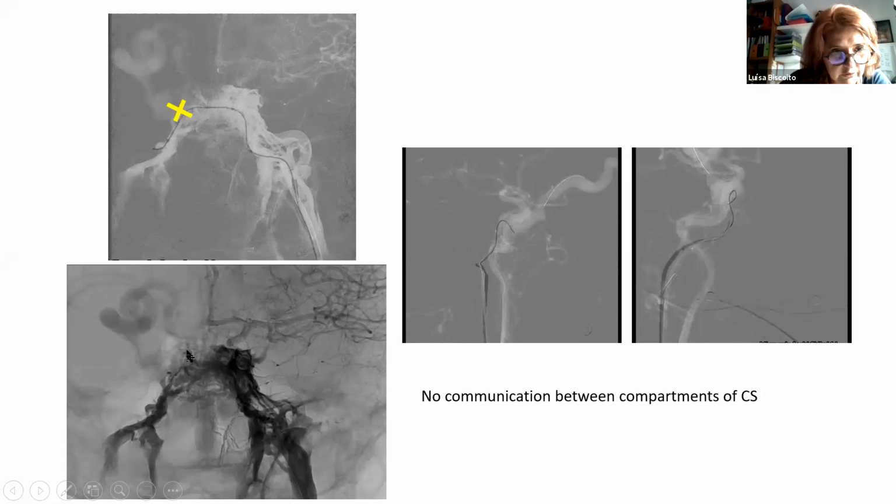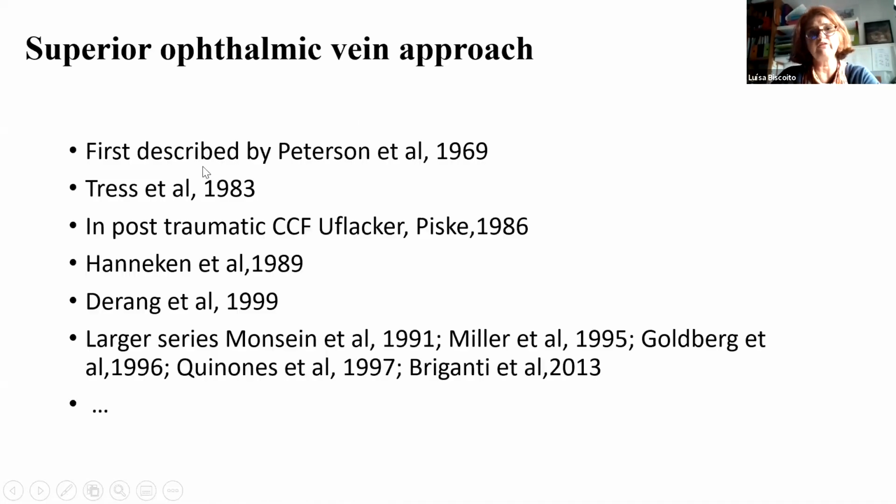There is a very irregular interface between the fistula and the cavernous sinus, maybe partial thrombosis. I tried several guide wires, and once the guide wire passed, but the microcatheter did not follow. We tried and then quit, and decided to go by the superior ophthalmic vein approach.